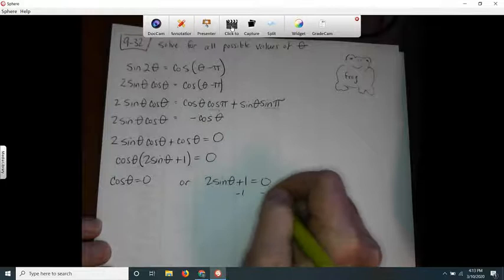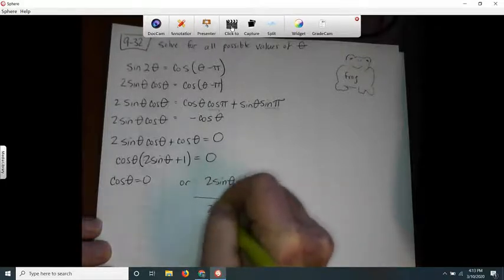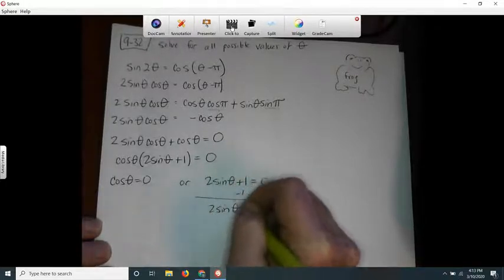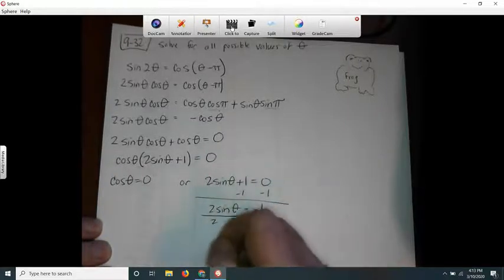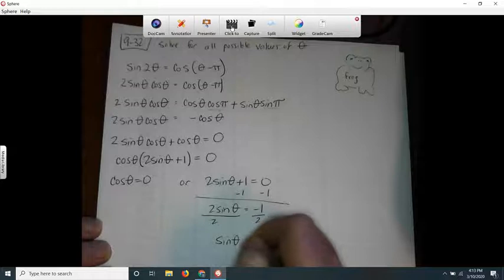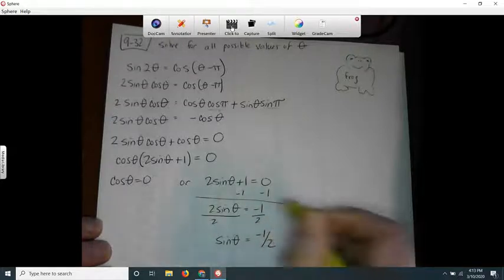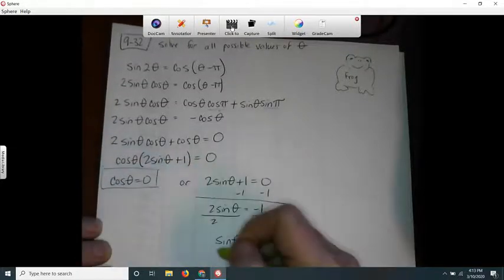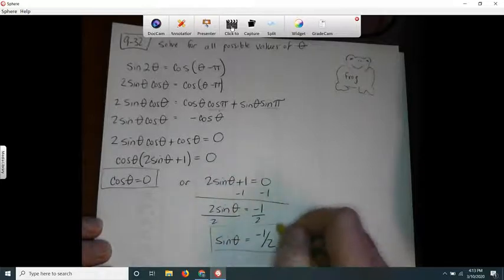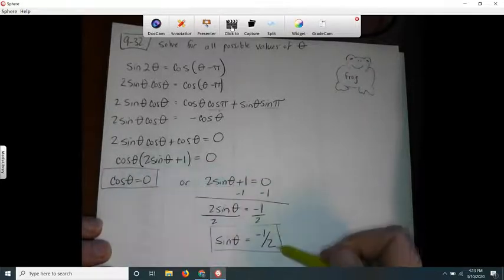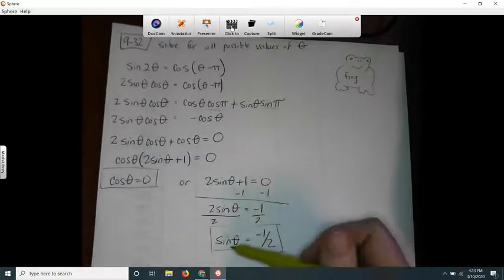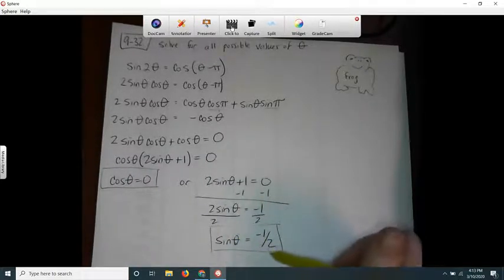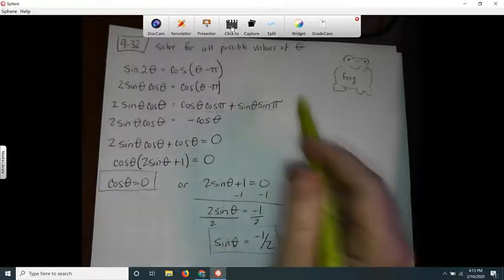This one I can work on a little bit. So I've got this. These aren't my answers, but I'm going to inverse cosine this and inverse sine this. In other words, I'm going to find the angles, and they want all the possible values.